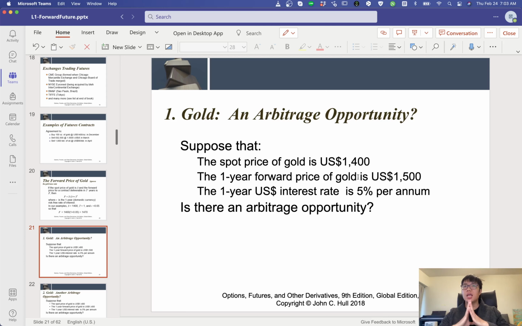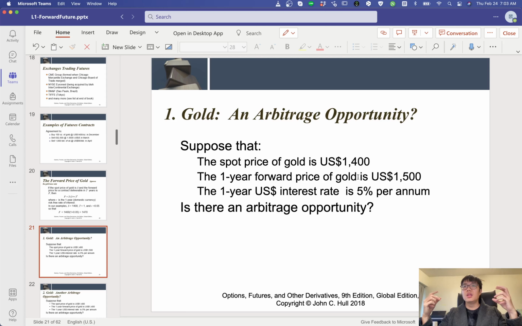So in this case, is there any arbitrage opportunity? In finance, people call it an arbitrage opportunity or arbitrage strategy. What does it mean? It means that we exploit the differences between the theoretical value and the price in the market. If we can find anything that is too high or too low in the market, we can form a strategy.